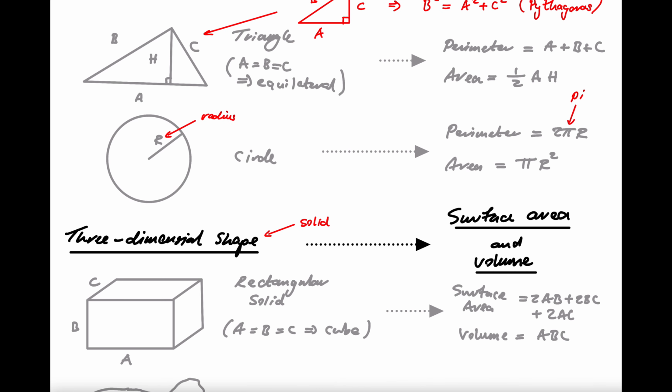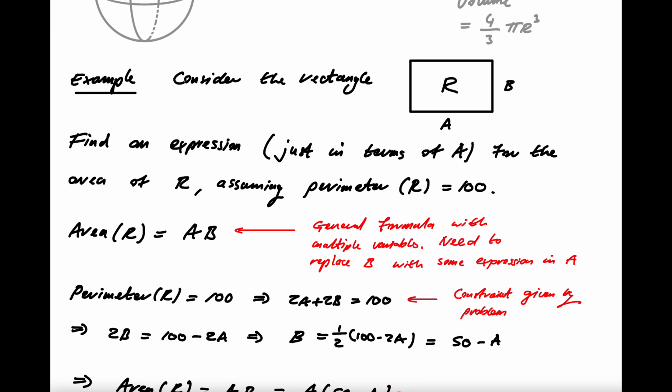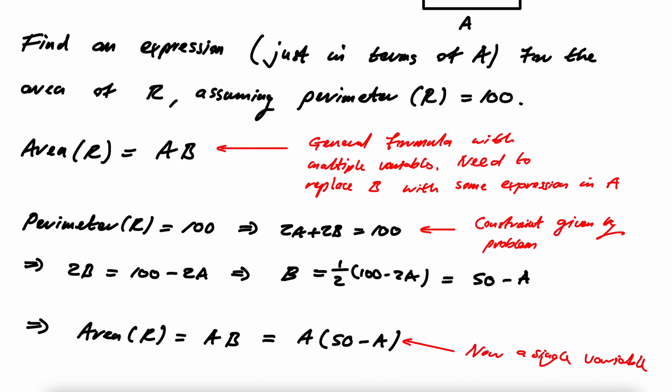These formulas are important because this is what we need to use in order to write down the area and the perimeter, but then there's algebra involved to eliminate the variables. So that's the basic knowledge I think you absolutely need to know when going into a calculus course related to lengths, perimeters, areas, volumes of shapes.